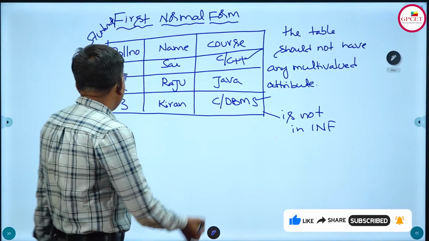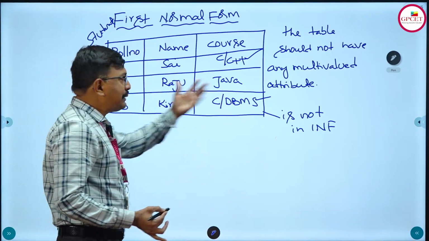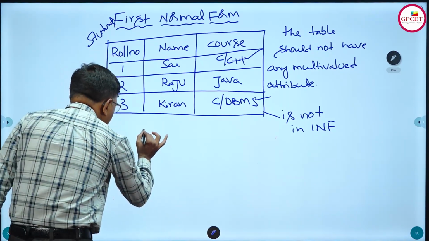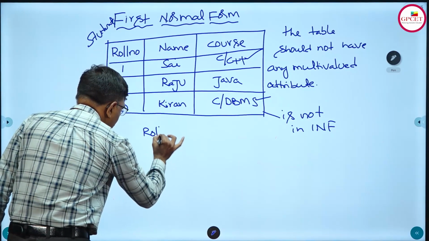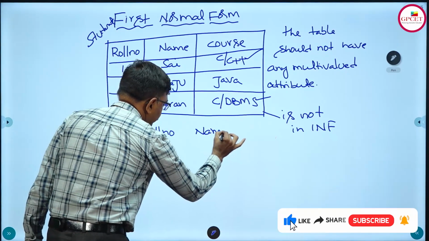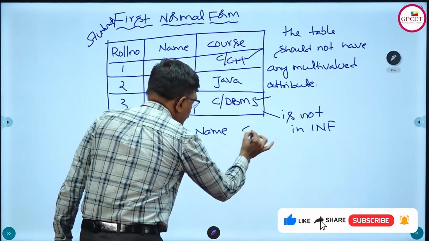That's why we have different types of first normal form solutions. First one: roll number, name, course.